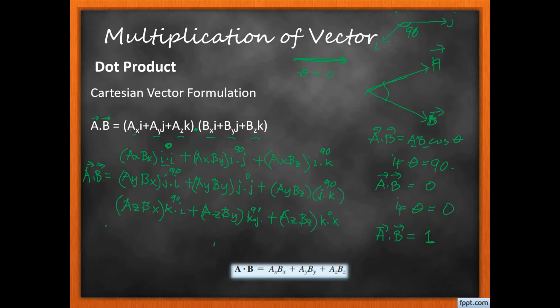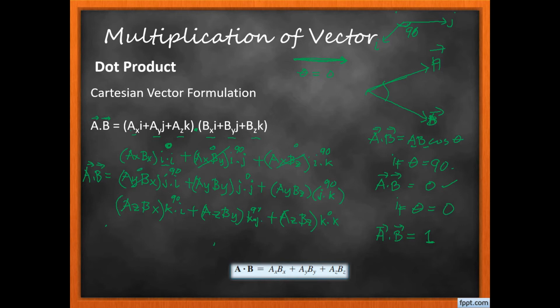So from that, dahil sabi natin kapag 90 degrees daw, ang makukuha natin sa dot product is 0. So ibig sabihin, pwede na pala natin sabihin na lahat ng 90 degrees is equals to 0 kasi any number multiplied by 0 is equals to 0. Ibig sabihin, lahat ng 90 degrees dito ay magiging 0.